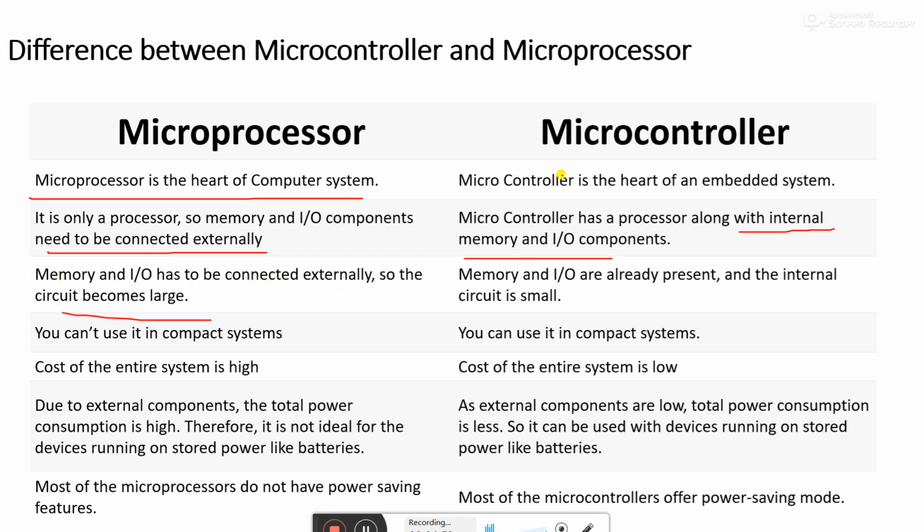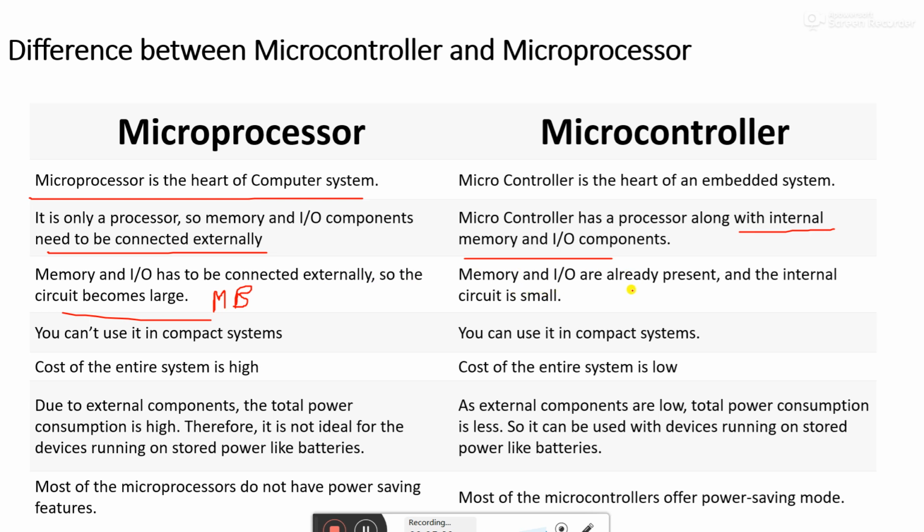We need different discrete components, all connected externally, so the system becomes large. You know about the motherboard of your PC. It is a very large motherboard, used in a personal computer.